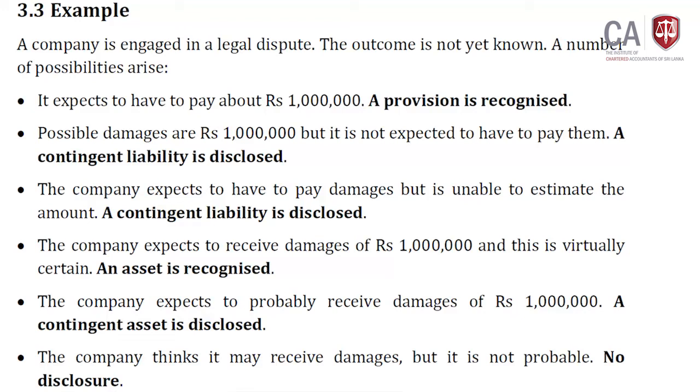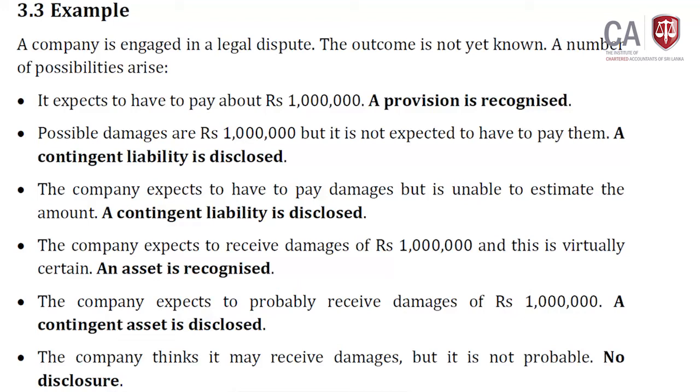So highlight these words. In the first bullet point, expects to have to pay, because of that a provision will be recognized. Possible damage, then contingent liabilities. Third one, unable to estimate, because of that contingent liabilities. Company expects to receive and virtually certain, therefore the asset will be recognized.